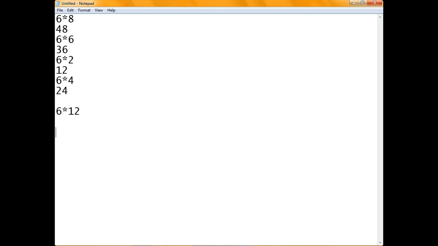So if it goes past the second digit, you just add the second digit of the number that you multiply 6 by, and then add it with half of the number. So like 12, half of 12 is 6, 6 plus 1 is 7, and 7, 2. 60 plus 12.